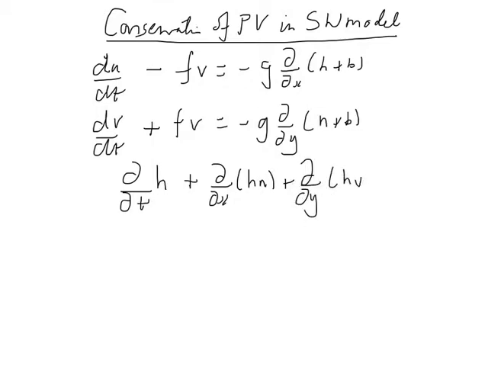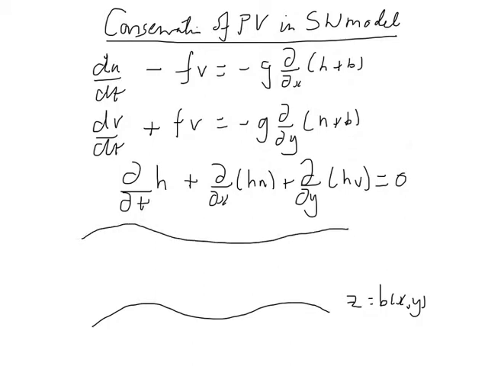where recall you've got a sloping bottom which is given by z equal to b of x and y, and then you've got a free surface top which is given by z equal to h of x, y, and t.